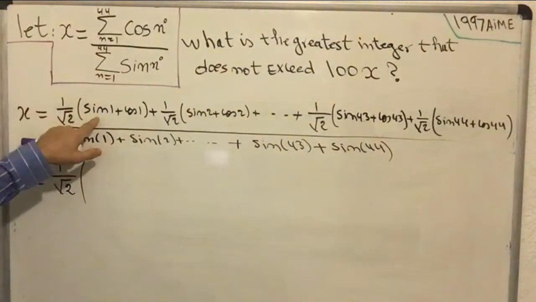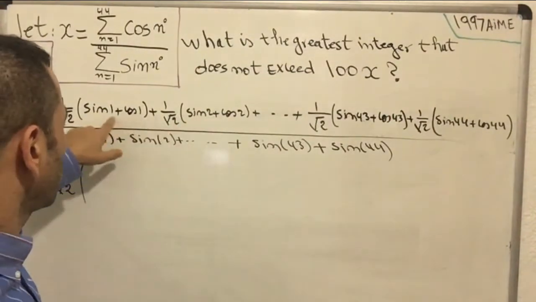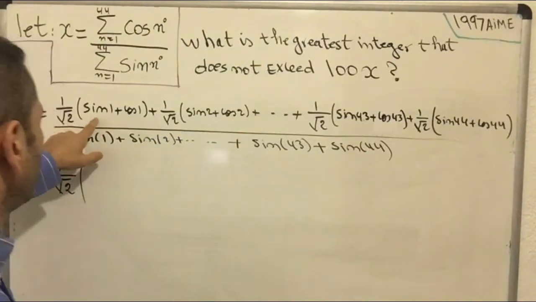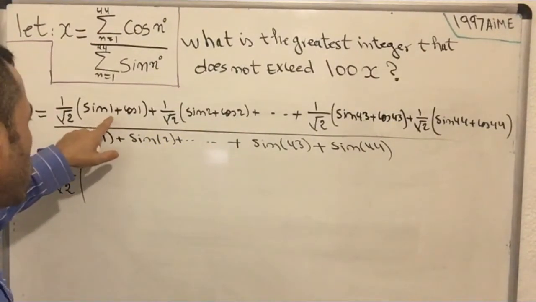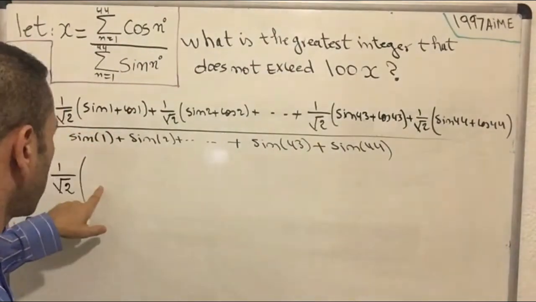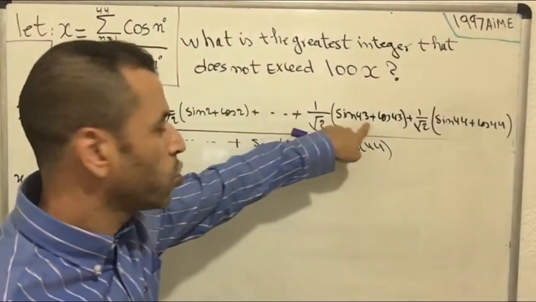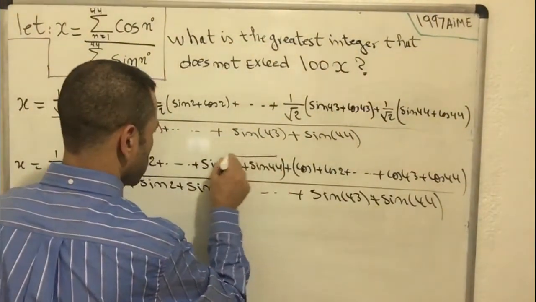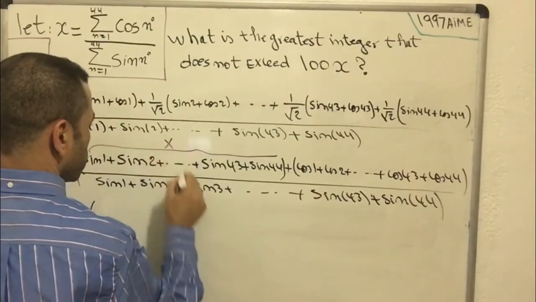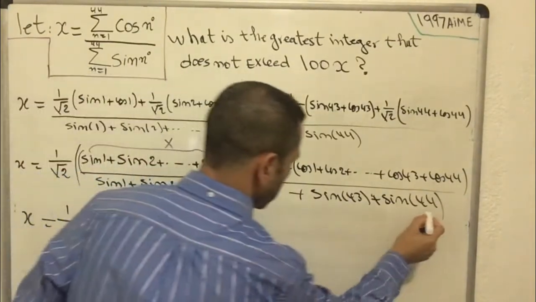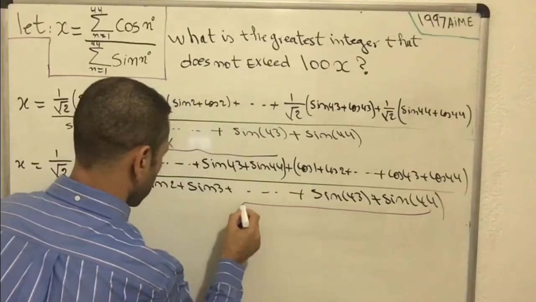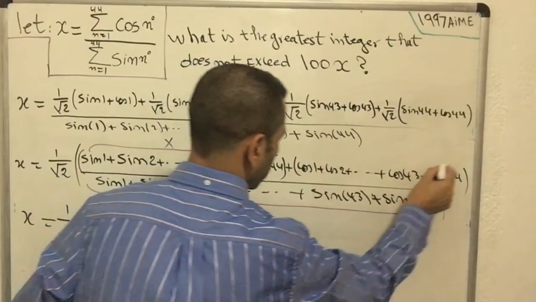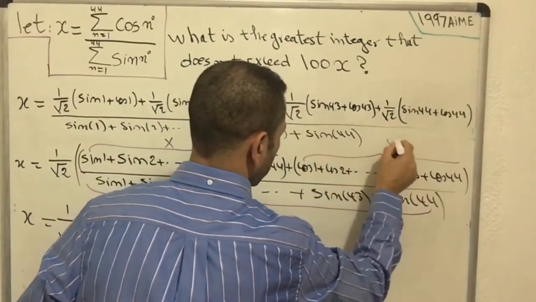I'm going to write down the sine terms on the left-hand side plus the cosine terms on the right-hand side. So what is this? This is x, for example, and this is y.